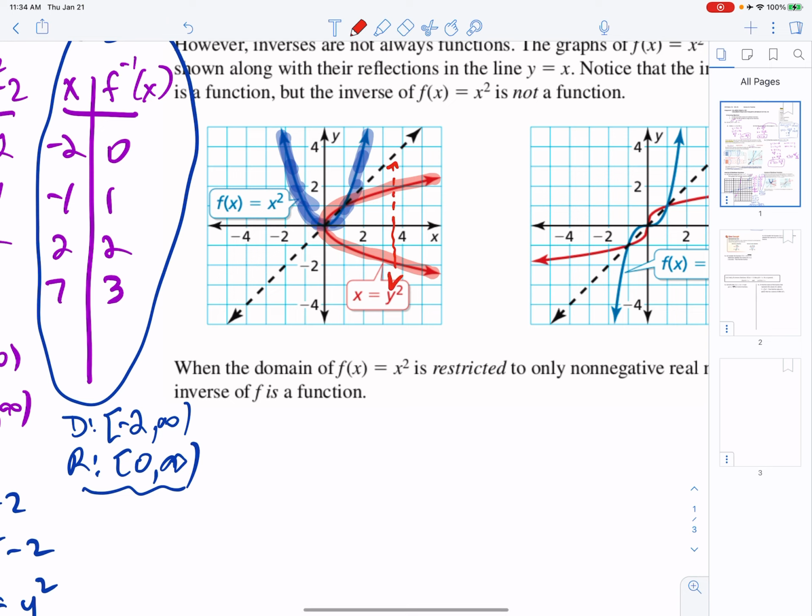If you remember, if it fails the vertical line test, it is not a function. So the inverse of x squared is not a function because it fails the vertical line test.